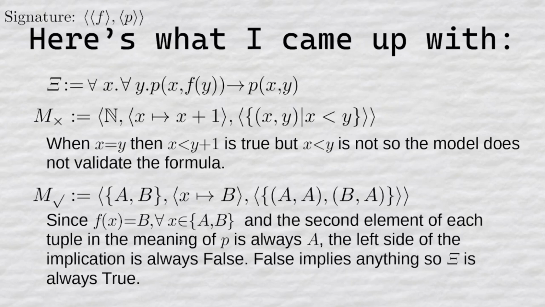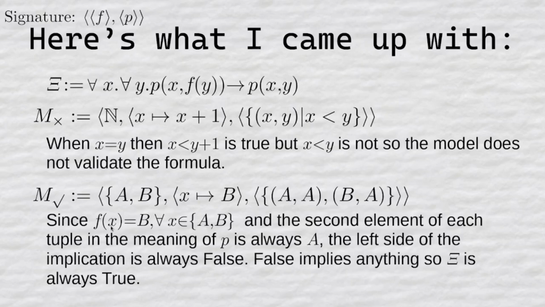An example of our mtick is similar to Shay's example of P of x, y being always true no matter what x, y you have. In this case, our domain is just two elements, a and b, and our function f maps whatever it takes in as an input onto b. And P is the two pairs AA and BA.